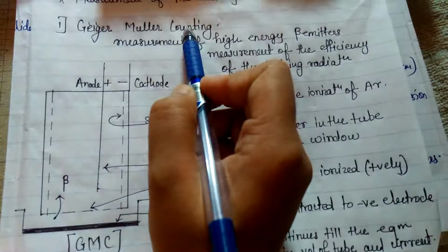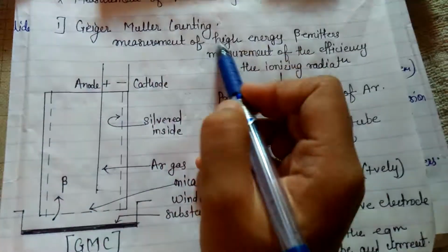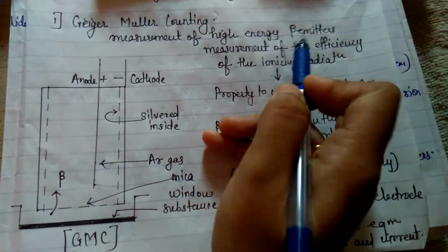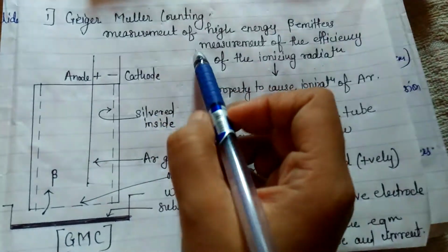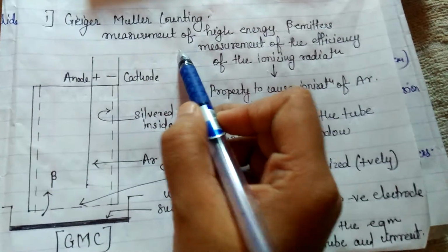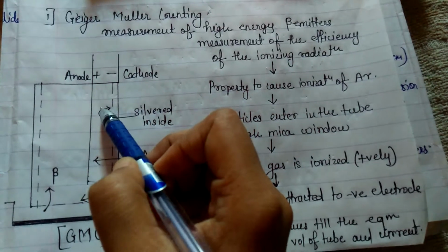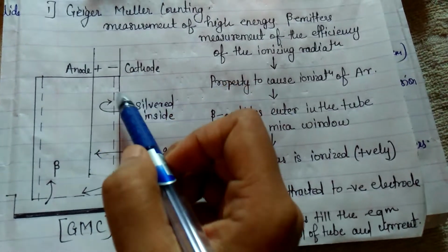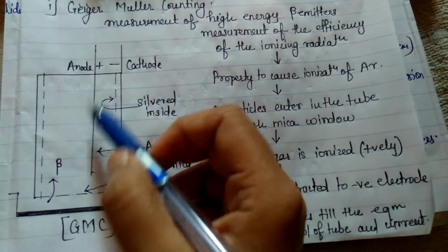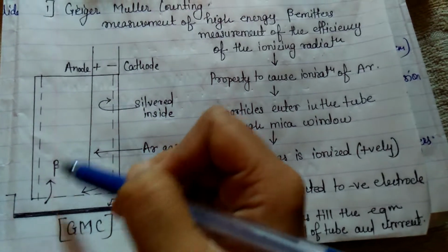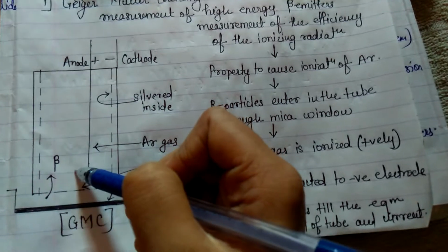With it we measure high energy beta emitters, measuring the efficiency of the ionizing radiation emitted by substances due to the emission of beta particles.